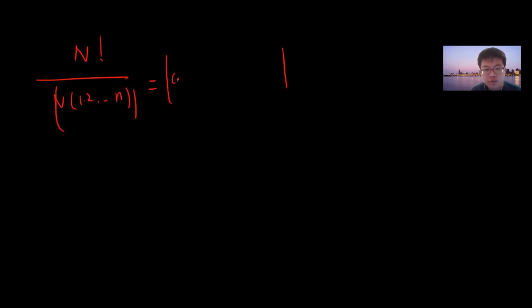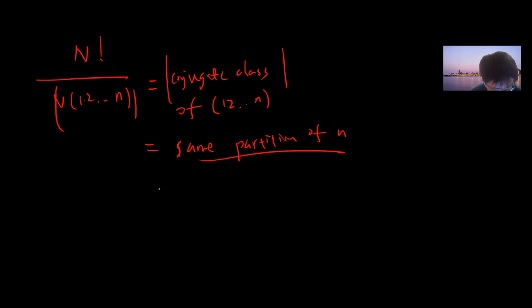And the theorem tells me that n! divided by this N(1 2 ... n) should be the size of the conjugacy class of (1 2 ... n). So the conjugacy class will be the same partition of n. Okay, so this is just the distinct n-cycles in Sn.